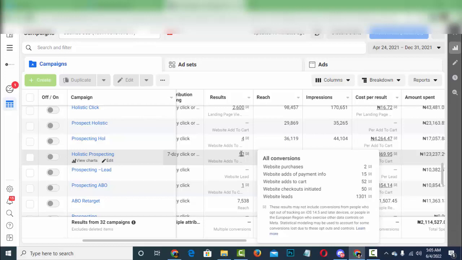Most of you just kill ads that ought to have performed so well because you are afraid to spend money to get the result that you should be getting. It's just so silly with a whole lot of you.